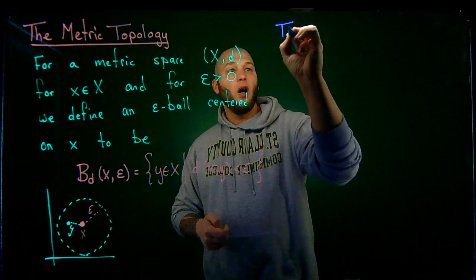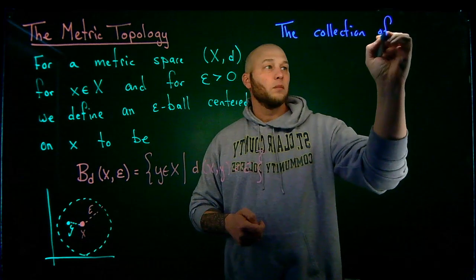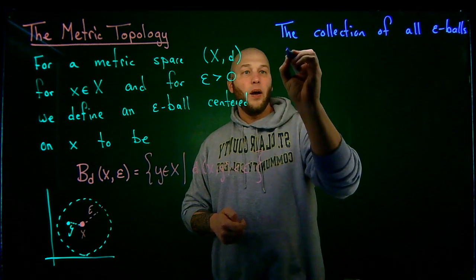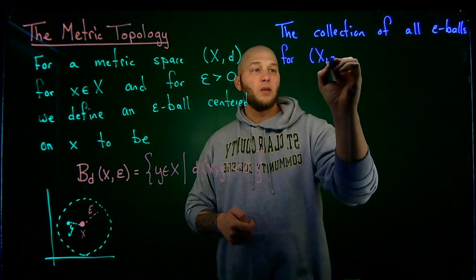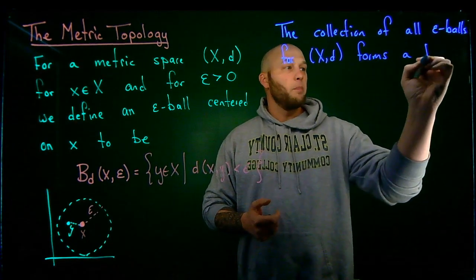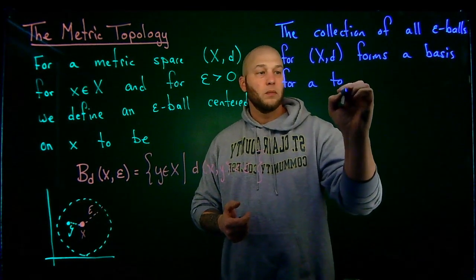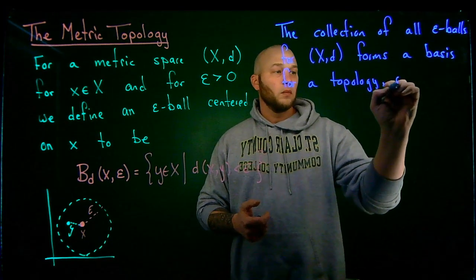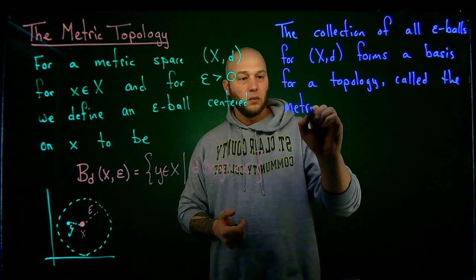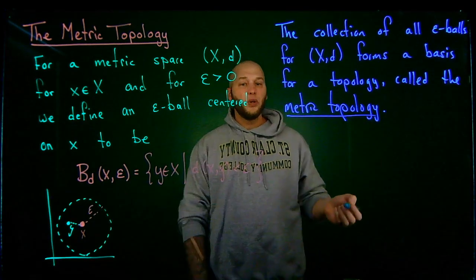The collection of all epsilon balls for (X, d), for that particular metric space, forms a basis for a topology which is called the metric topology. It is the topology induced by that metric.